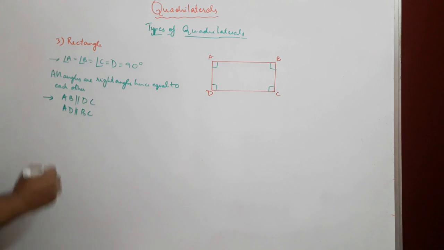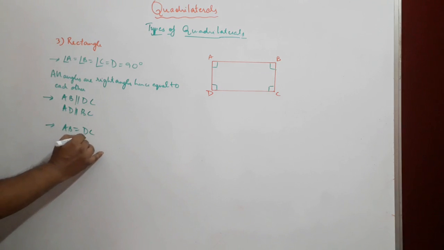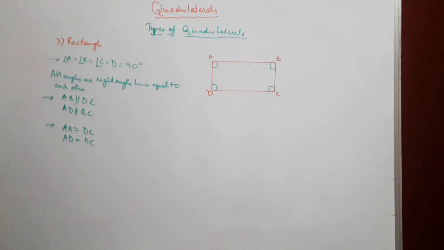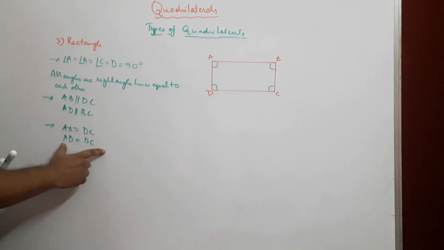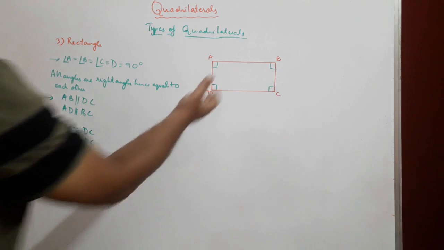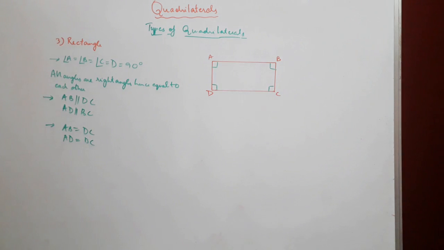There's another thing: AB will be equal to DC and AD will be equal to BC. These properties are similar to a parallelogram. A rectangle is a type of parallelogram wherein the opposite sides are parallel and the opposite sides are also equal.